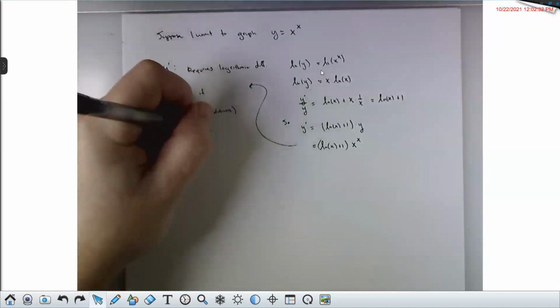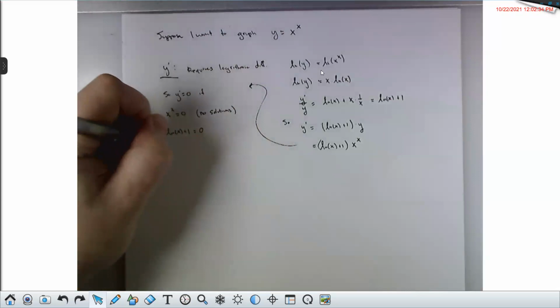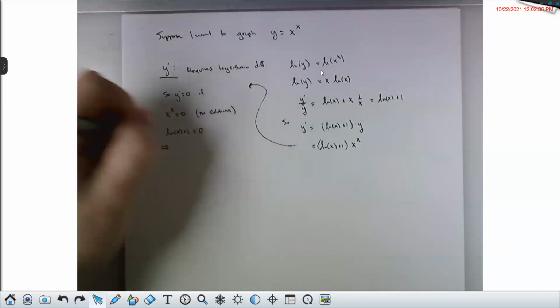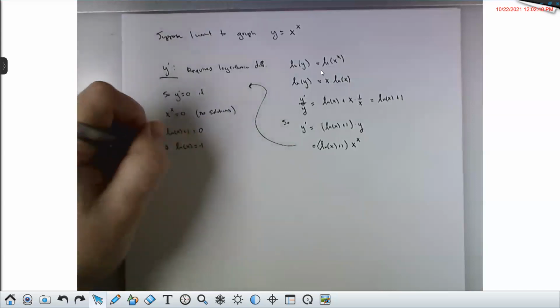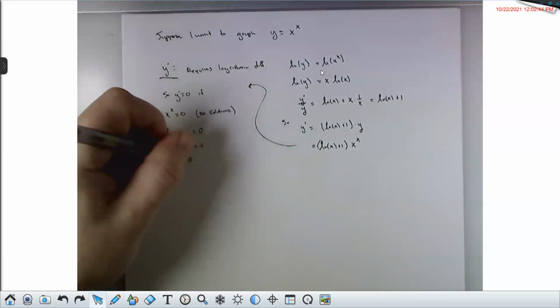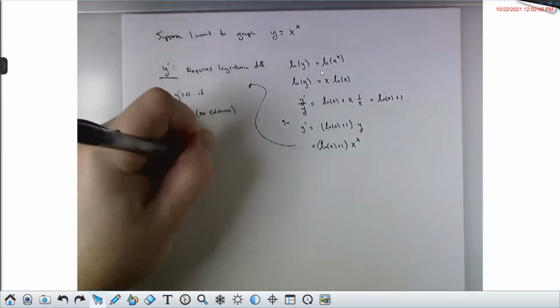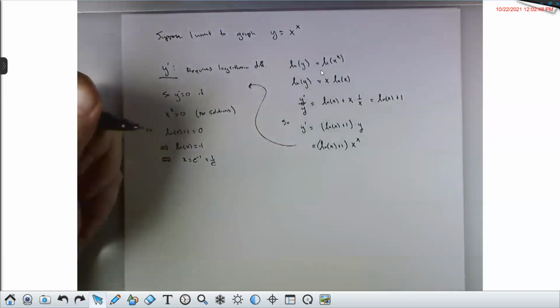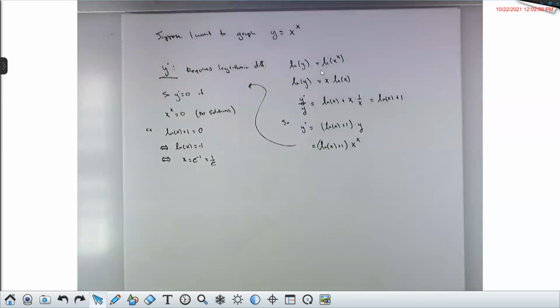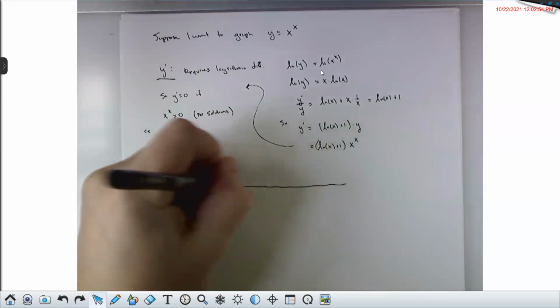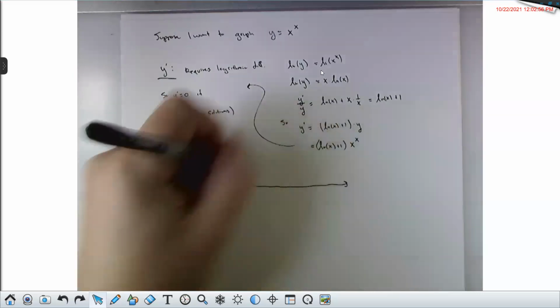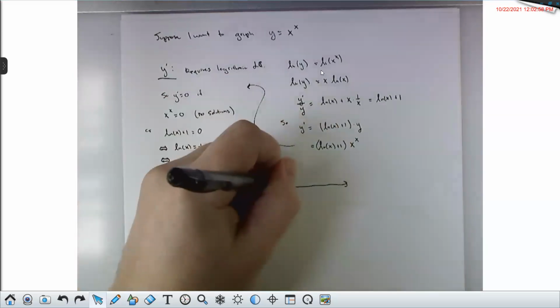This guy, on the other hand, has one solution. This is true if and only if the ln of x is -1. And if you exponentiate on both sides, you get x equals e to the -1, or 1 over e. So on my y prime number line, there'd only be one number here.